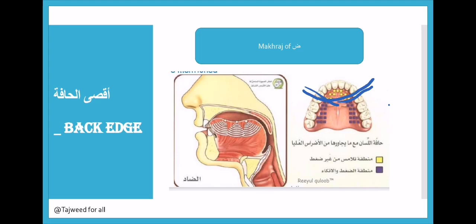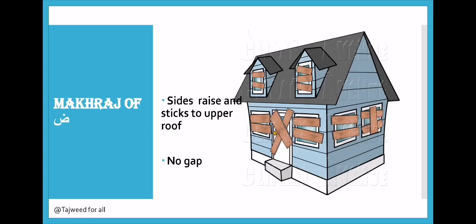Now I want you to imagine the makhraj of the letter wad. What is it? The green colored area is above and the yellow colored area is above. That means the makhraj is completely closed, right? The sides raise and stick to the upper roof. That means there is no gap, right?